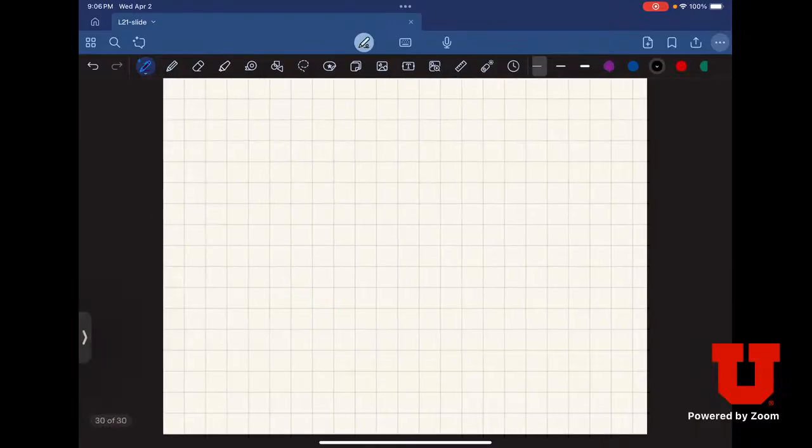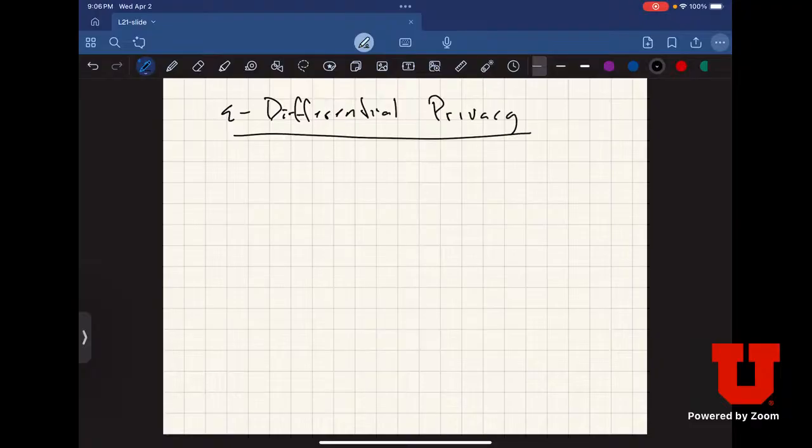Okay, so epsilon differential privacy. This is defined with respect to two data sets, X1 and X2, and these should be off by a single value.